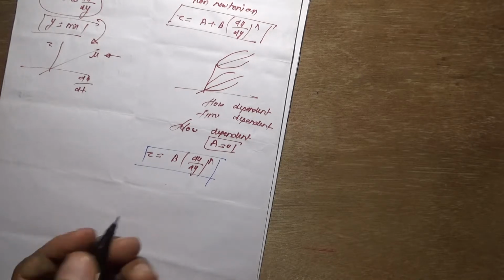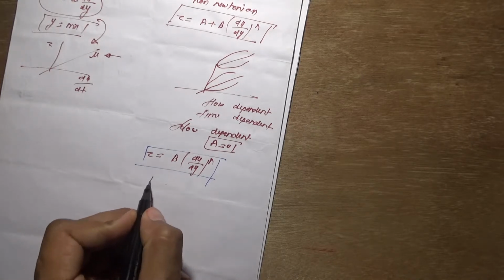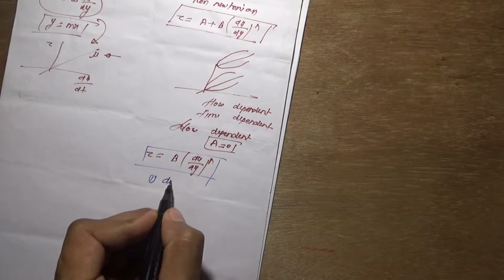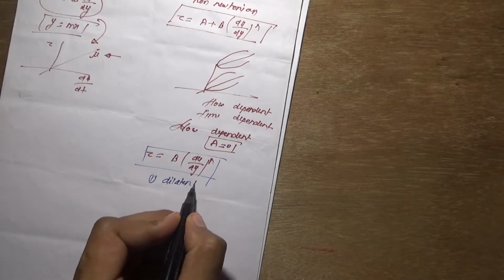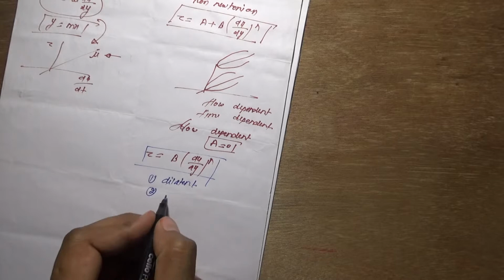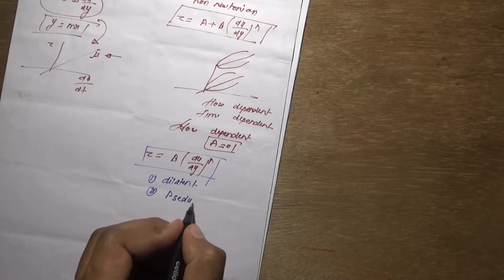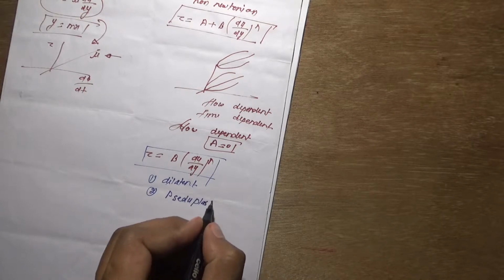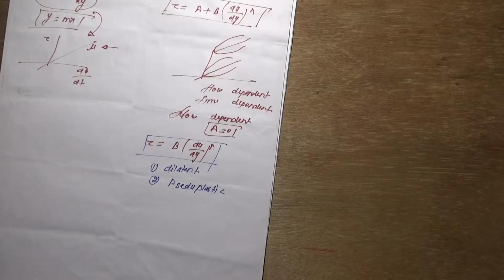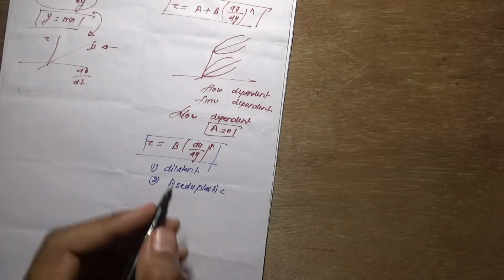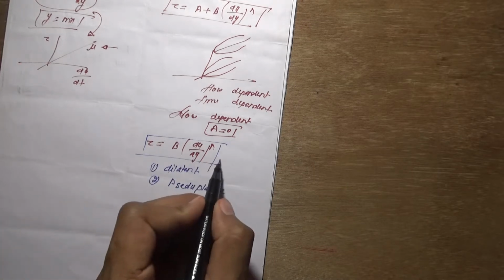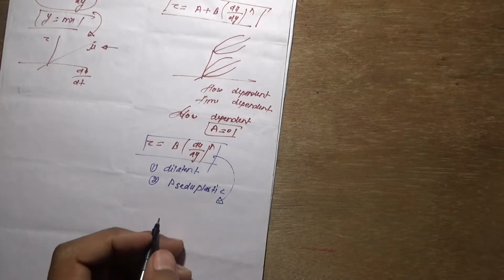First we understand flow dependent. There are two types. First one is dilatant, second one is pseudoplastic. For dilatant, we can write the equation. First we expand this equation.